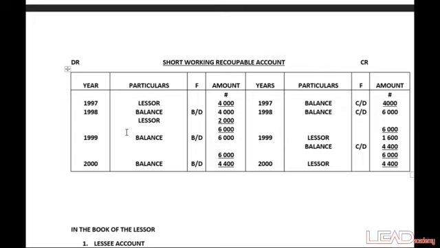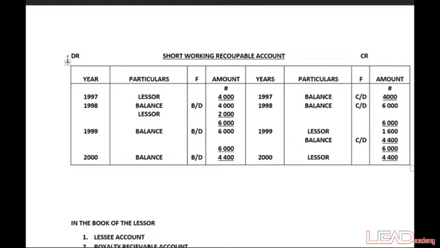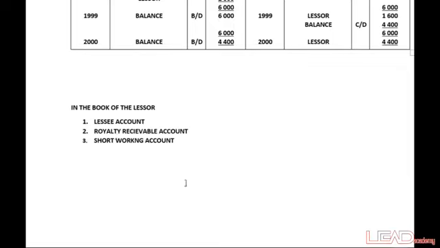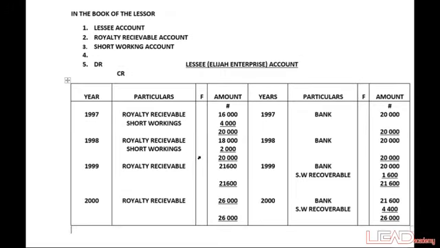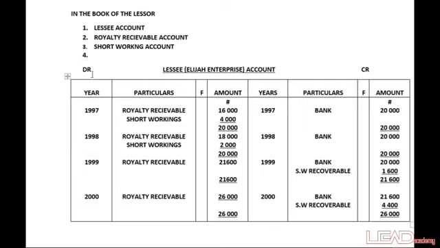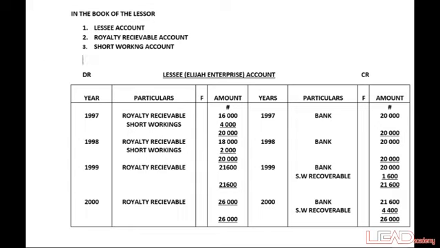So which means the lessor here will change to lessee, and you just do the opposite of the transaction, which is debit to go to credit, credit to go to debit. So you can pause the video and try to work it out yourself for a clear understanding of what you're doing.